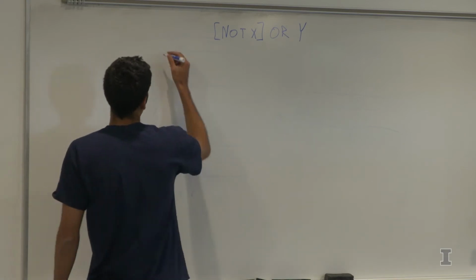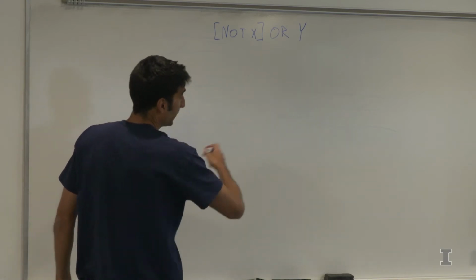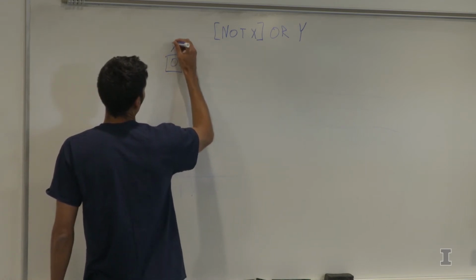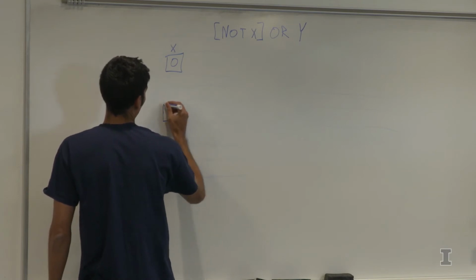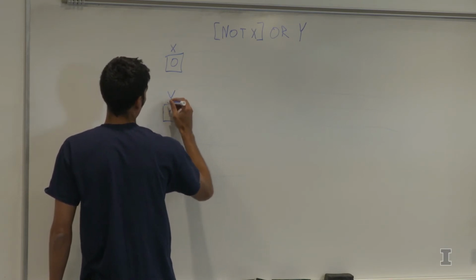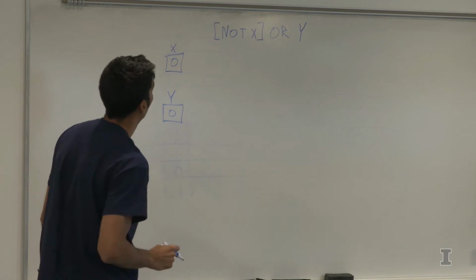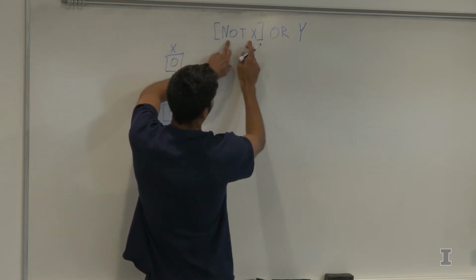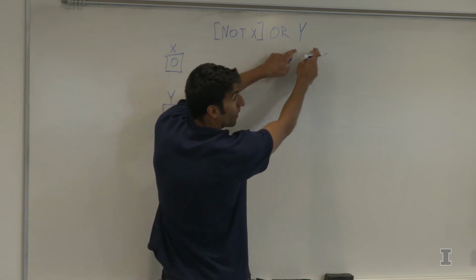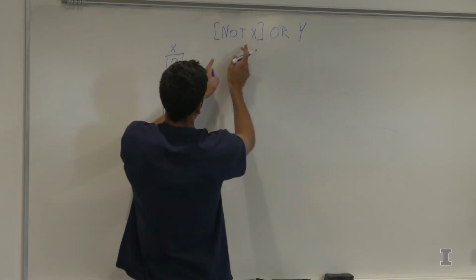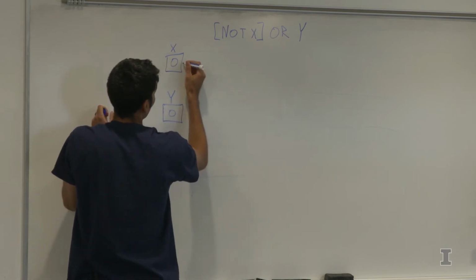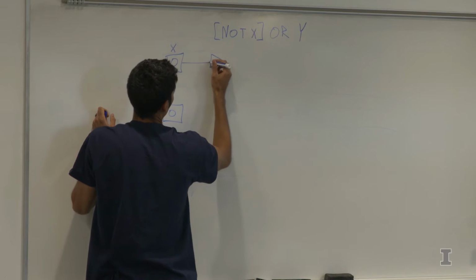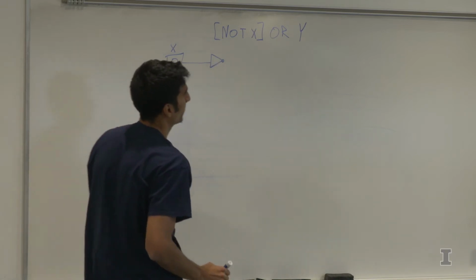Okay, so I'm going to draw out what it would look like. So if here's your X toggle, and here's your Y toggle, the way to read this is that we first do a NOT X, then we take that and we OR that with Y. Okay, so the first thing we need to do is we need to take our X and we put it through a NOT gate, which looks like that.